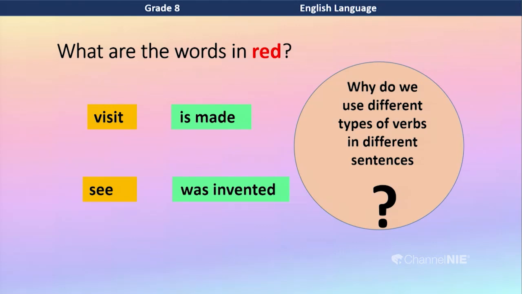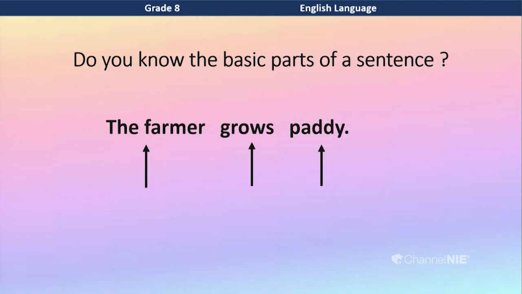By the way, Miss Chamari, do you know the main parts of a sentence? Yes, I know. Now, I have given an example to our children. The farmer grows paddy, right? In this sentence, can you highlight the basic parts of it? Yes, they are subject, verb, and object.